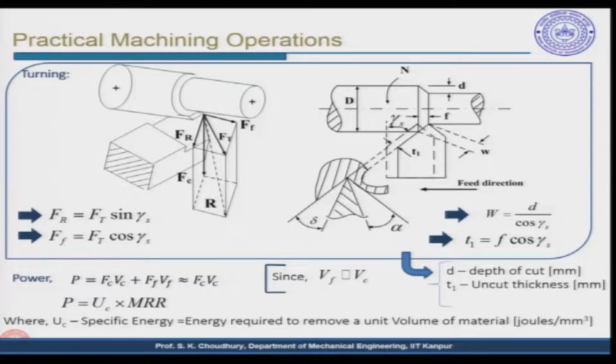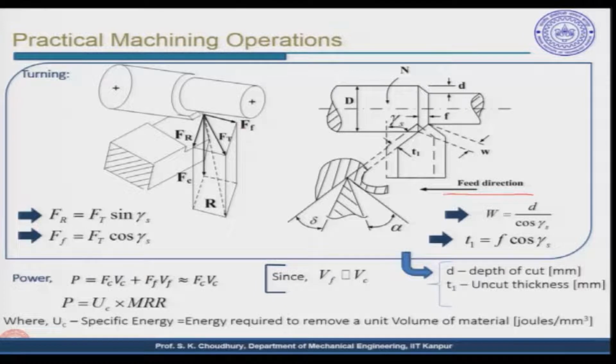Here the workpiece is shown in the schematic diagram, it is a pictorial view, and as we have discussed earlier, this is the Ff, which is the friction force. Friction force is parallel to the workpiece axis and it is normally given in the direction of the feed. So, the direction of the feed is shown here, and along that is the Ff, which is the feed force.